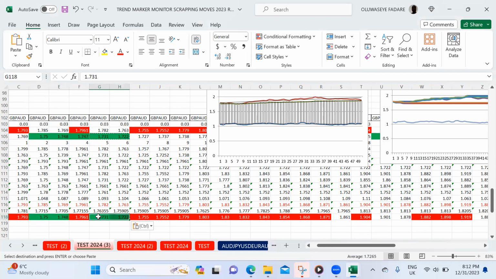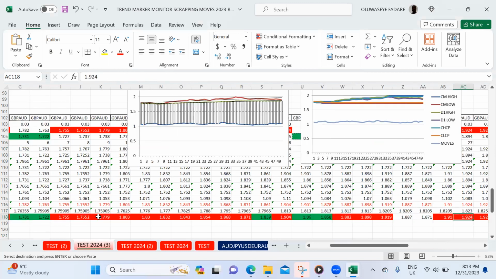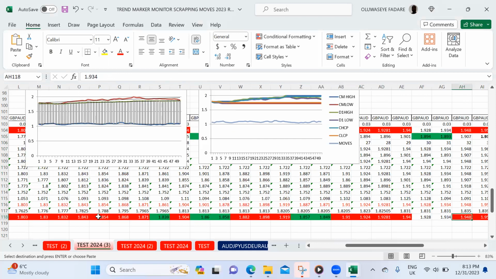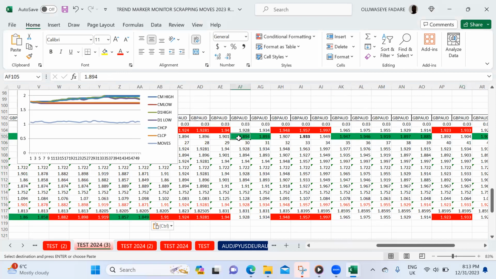Like I said, we fill all the white gaps to get the moves.